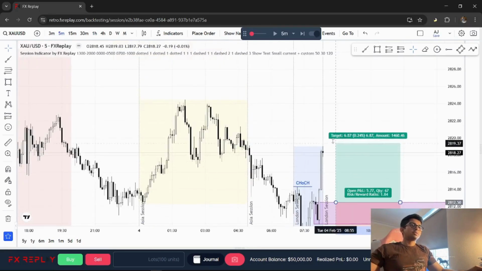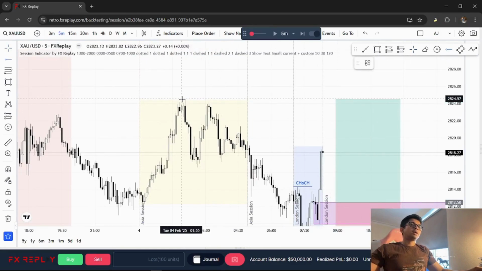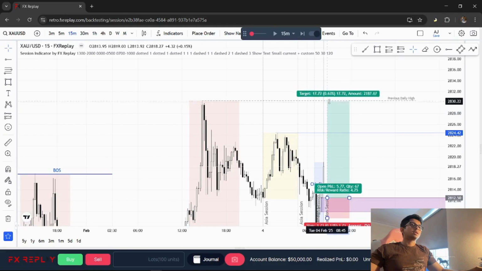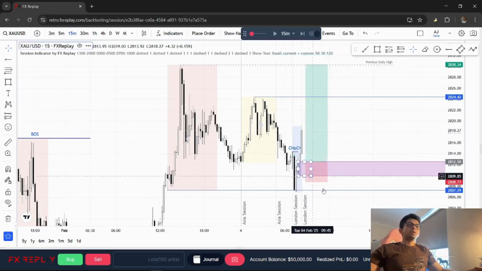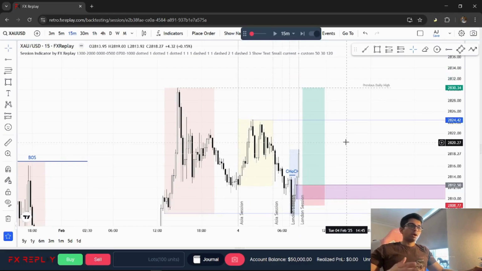And for targets, we can either target our Asian high right here, or we can target the New York high. So what I'm going to do is monitor the trade once we get tagged in, and if price shows rejection here, I'll close all my position.